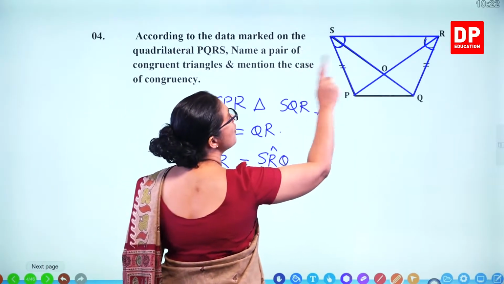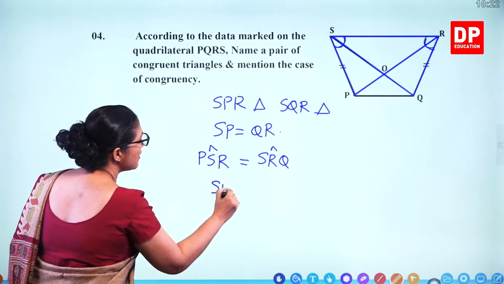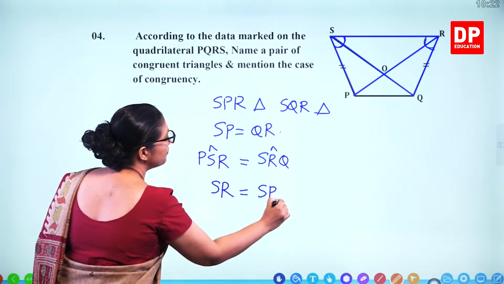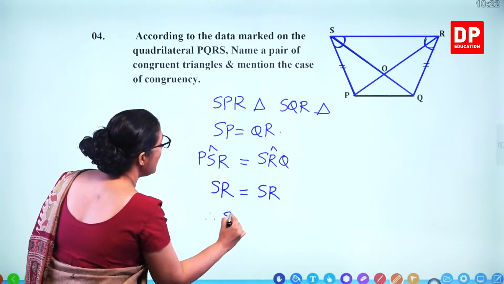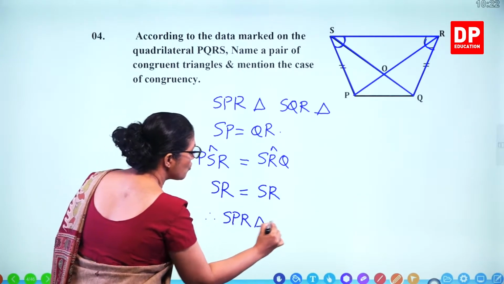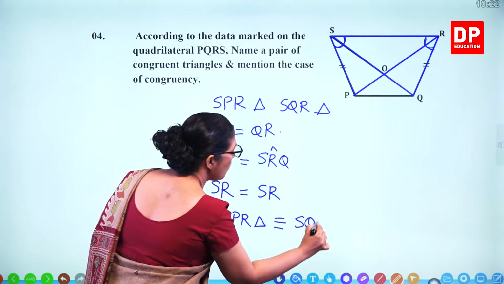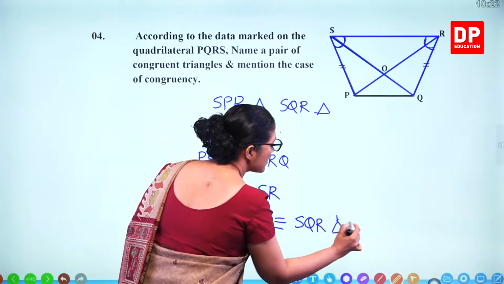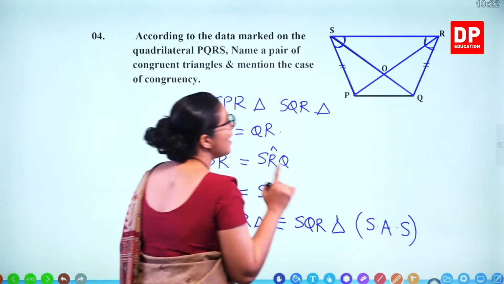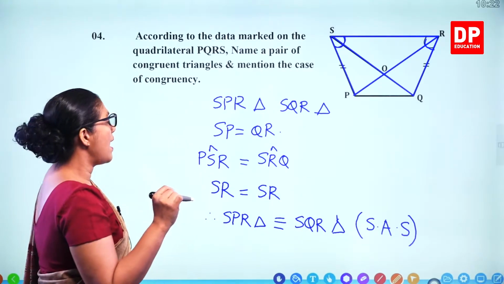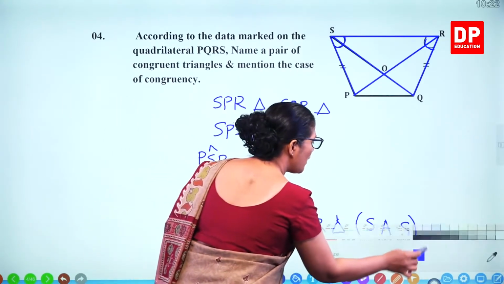Now, what can you say about SR? SR length is common. So, side, angle, side. So we can say SPR triangle is congruent to SQR triangle. That's SAS, side, angle, side, and the angle is the included angle. So, 2 marks for that.